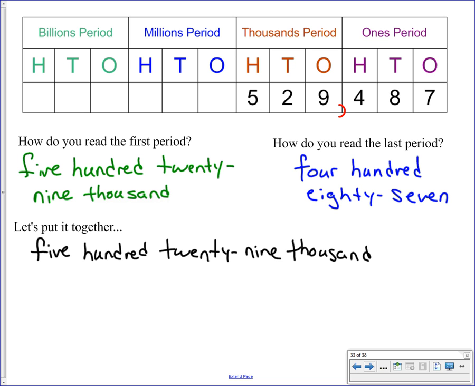There's a comma between my periods, so I'm going to put a comma in my words. 487. Okay. Just checking my notes here. Okay.